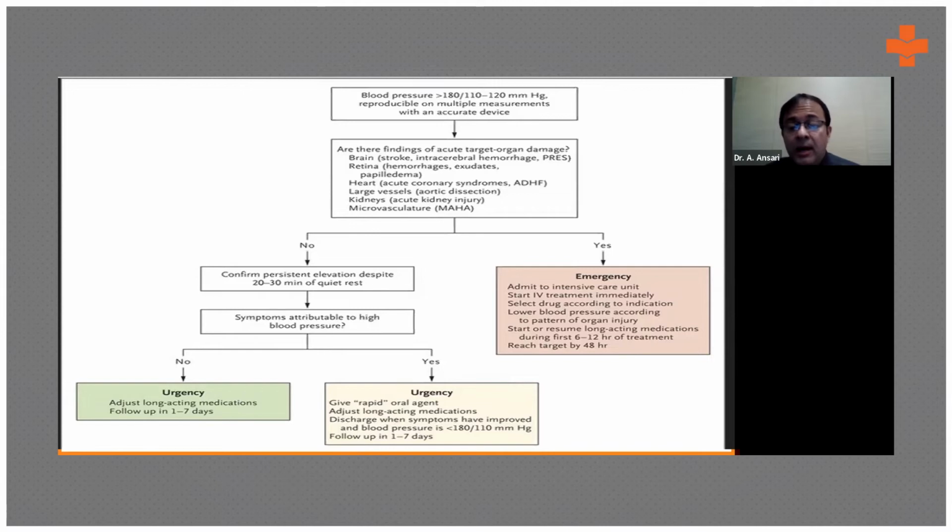At the same time, if you suspect a hypertensive emergency, you are going to admit this patient and start an IV infusion immediately. Then you select the drug depending on which target organ damage this patient has faced.